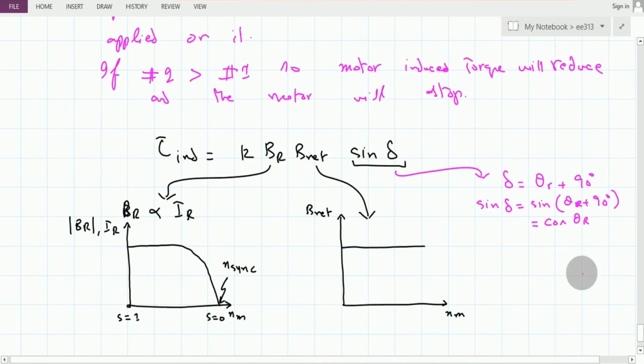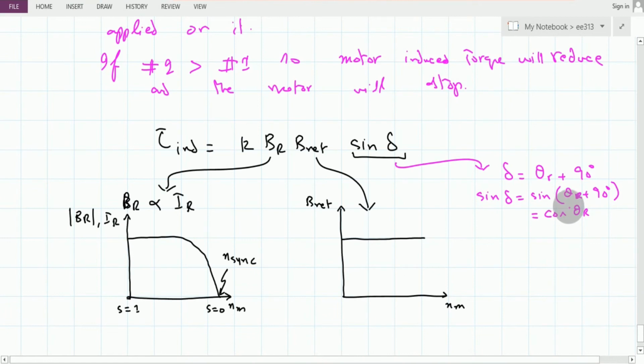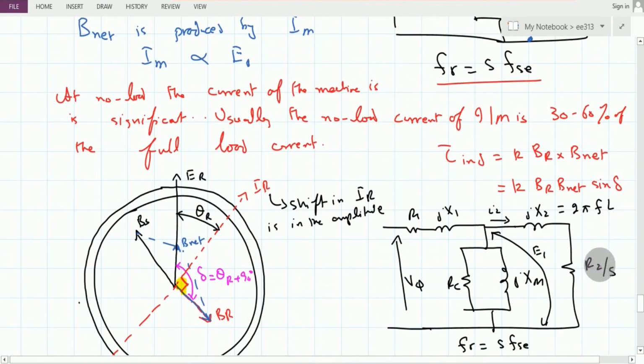And this cosine theta r is the power factor of the rotor circuit. So this theta r is equal to tan inverse of Xr over Rr, which is equal to tan inverse of Xr over R2 times this s, right? Because this Rr is nothing but R2 over s.